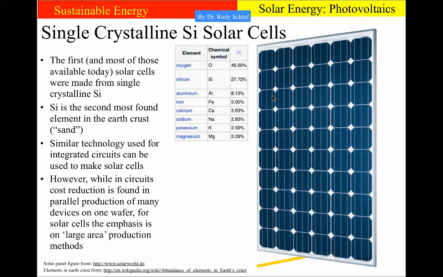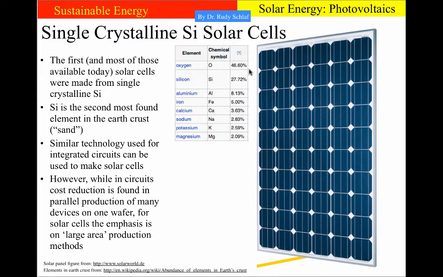There are several reasons why silicon is so popular. One of the reasons is that there is a large industry that makes silicon wafers because of their applications in integrated circuits. So silicon manufacturing is very well understood. Another reason is that silicon is a very abundant material.